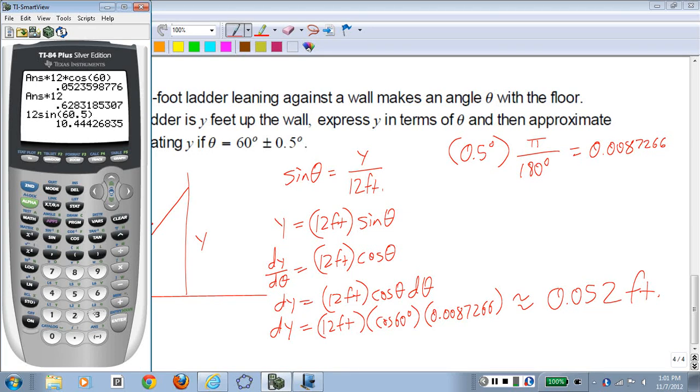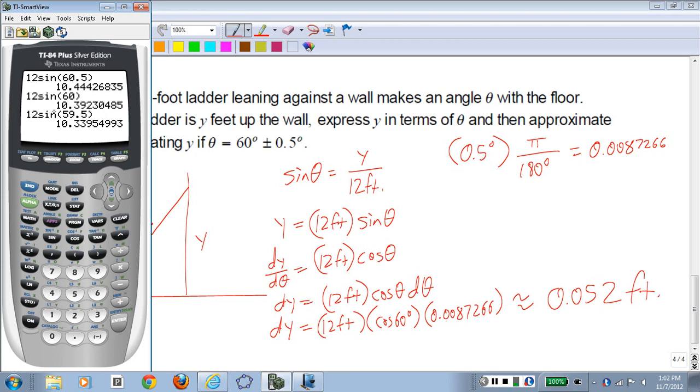And 12, did we actually do this calculation? 12 times the sine of 60 degrees? I don't know if we did that calculation. How far apart are those? Or maybe it was actually 59.5 degrees.